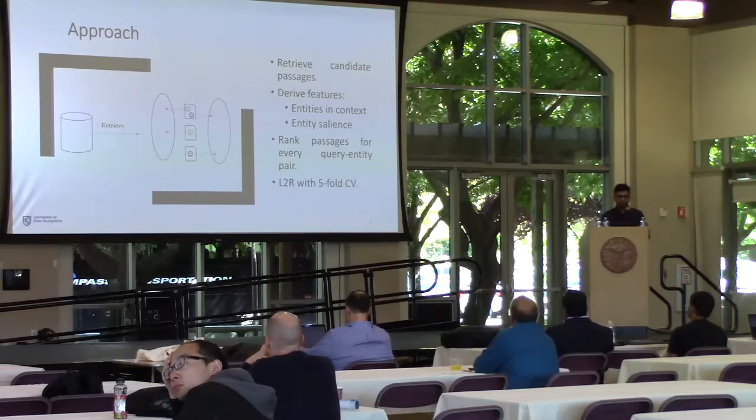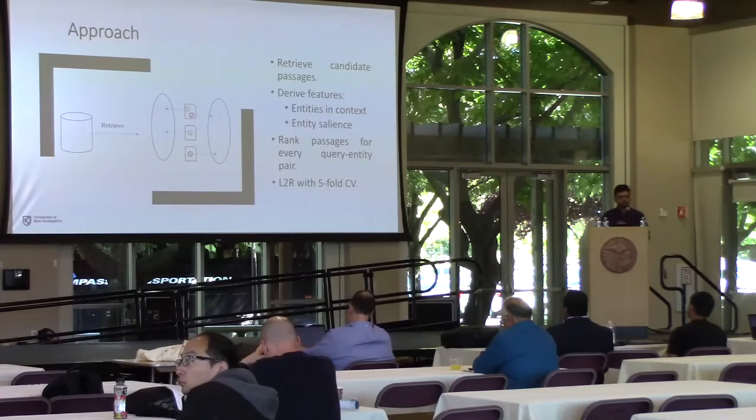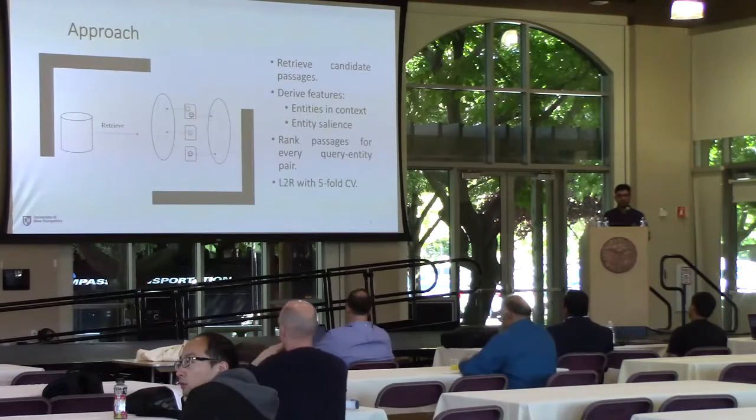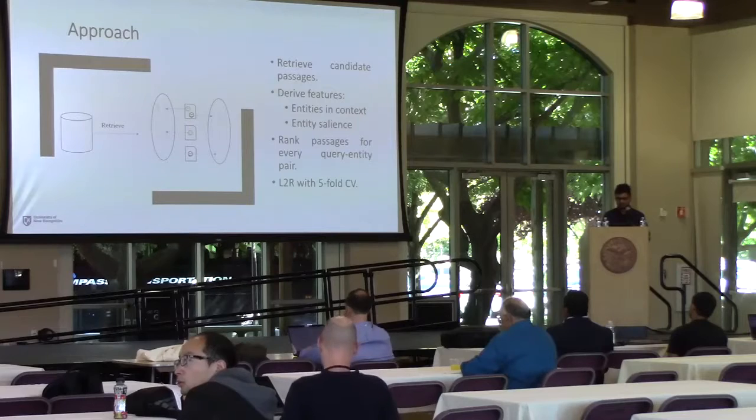The motivation is that if you know other entities which frequently co-occur with the target entity in the passage, then you can derive a distribution over these frequently co-occurring entities, and then you can use these co-occurring entities to score the passages.